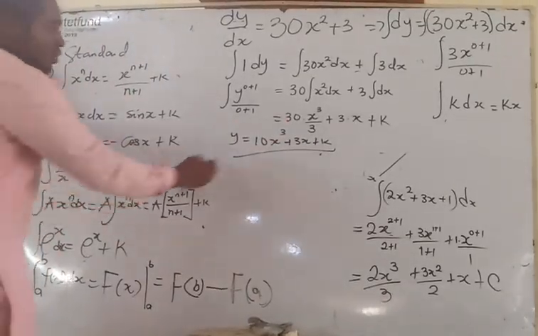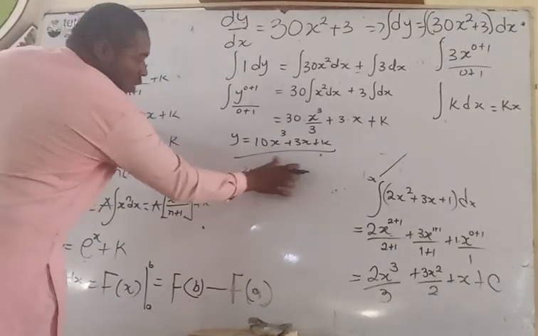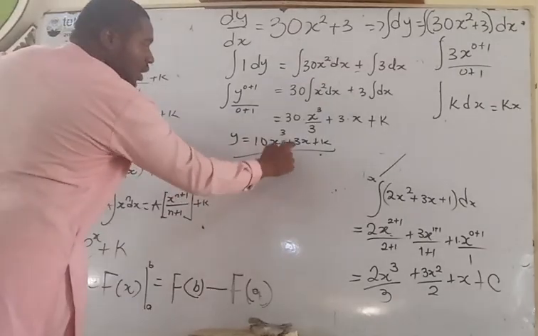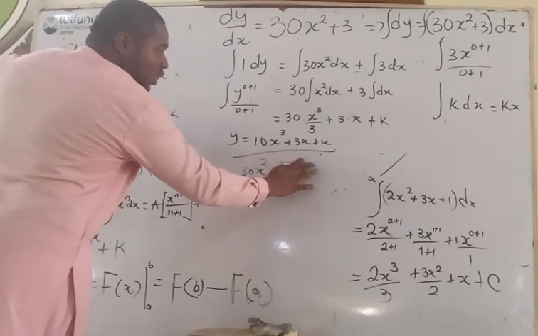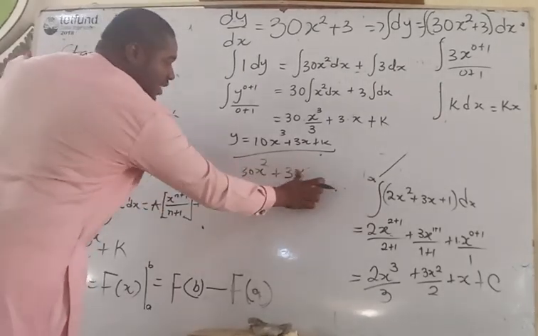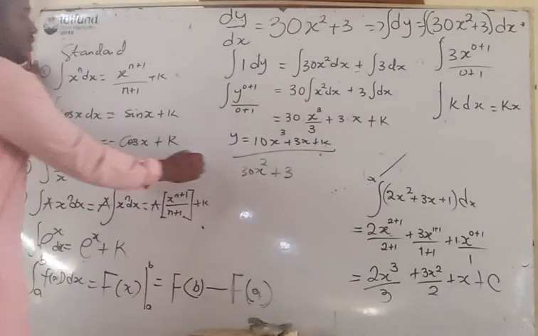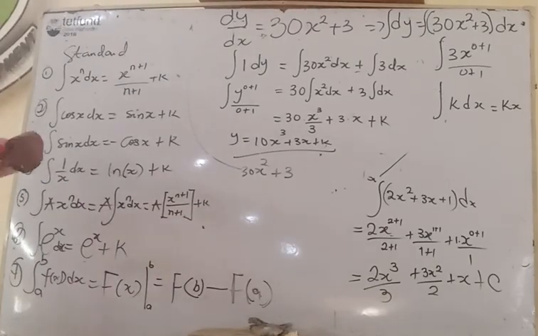So if I multiply, I'm going to get 3x raised to 3 minus 1, which is 2. What about here? It's 1 that is here, so I'm going to get x raised to power 1 minus 1, which is 0. And anything raised to power 0 is 1. If I differentiate the constant, it is 0. Can you see it has gone back to this? So if you integrate something, you're going to get an answer, and if you differentiate that answer, you should get the result.